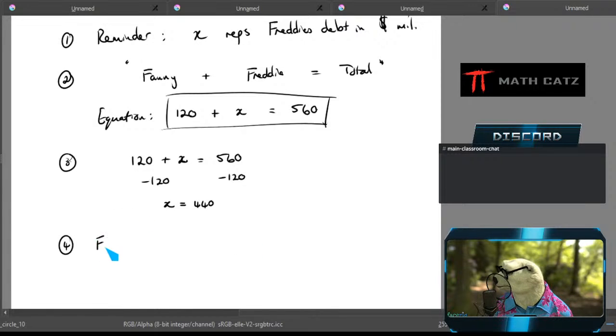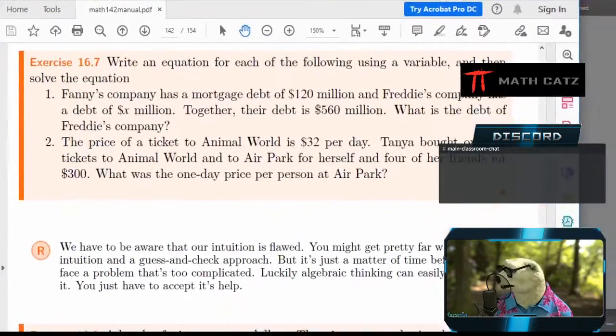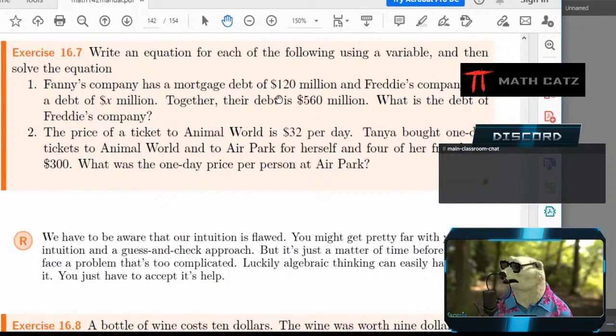So a nice sentence just clarifies that Freddie's company has a debt of 440 million. Now there's no doubt. This is my answer. I can double check even. Sometimes it's worth double checking before you write that concluding sentence. Double check.